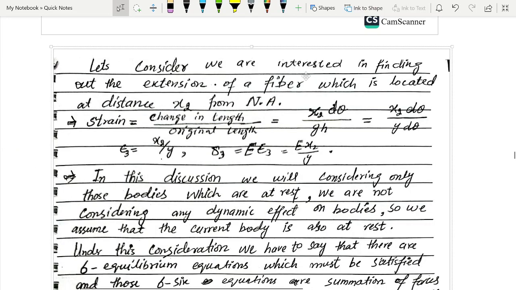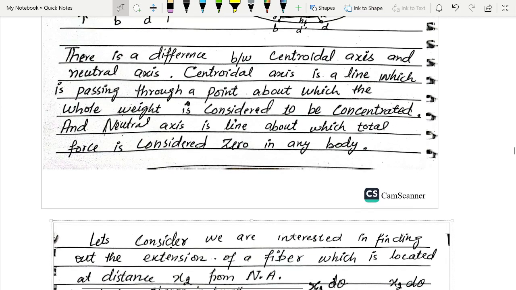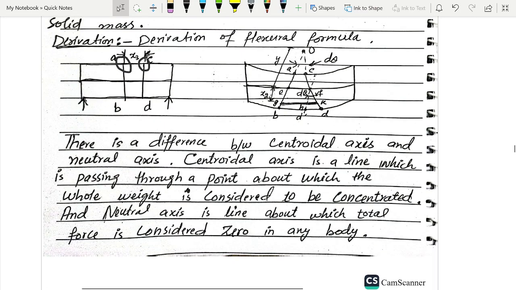Let's consider we are interested in finding out the extension of a fiber which is located at a distance x2 from the neutral axis. We have considered a fiber, this fiber G and K. You can see that we are interested in this fiber's extension.